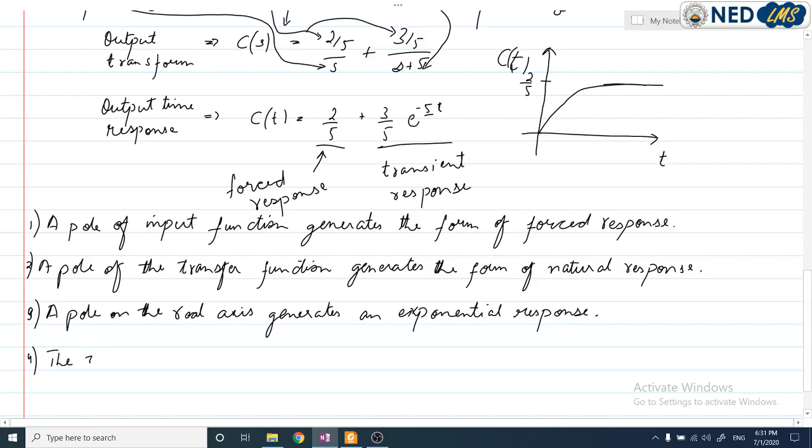The zeros and poles generate the amplitudes for both forced and natural response.